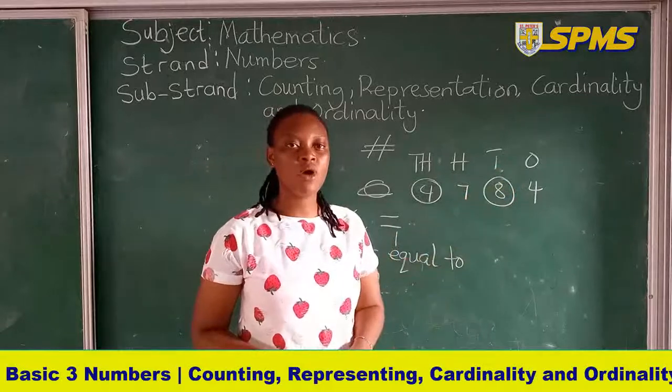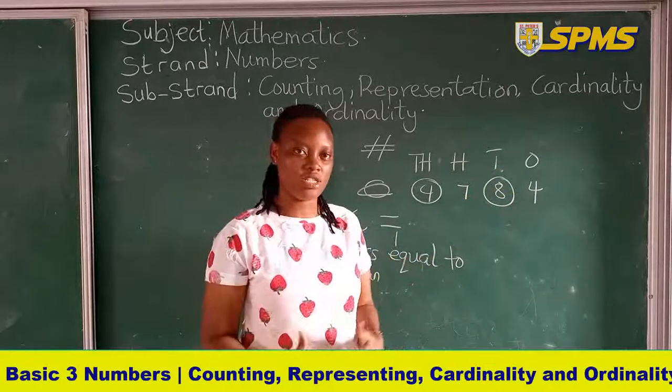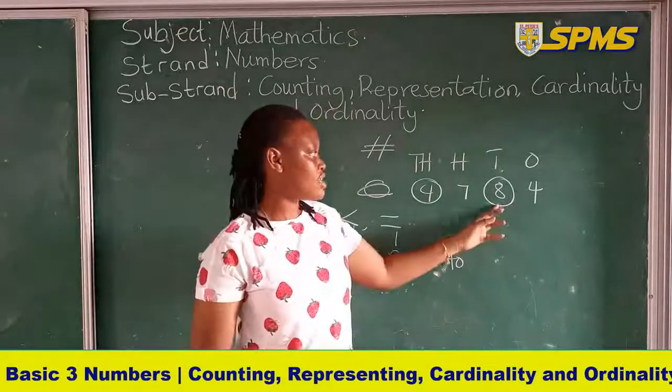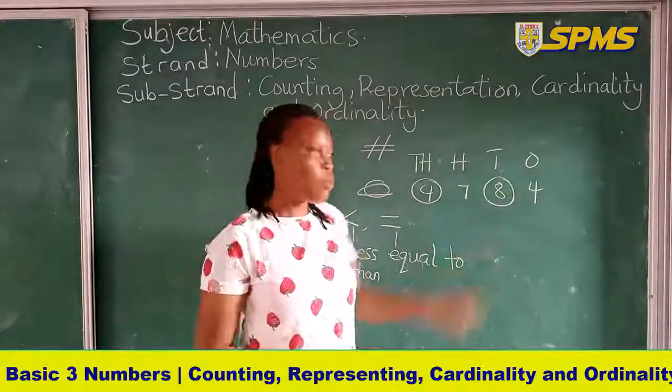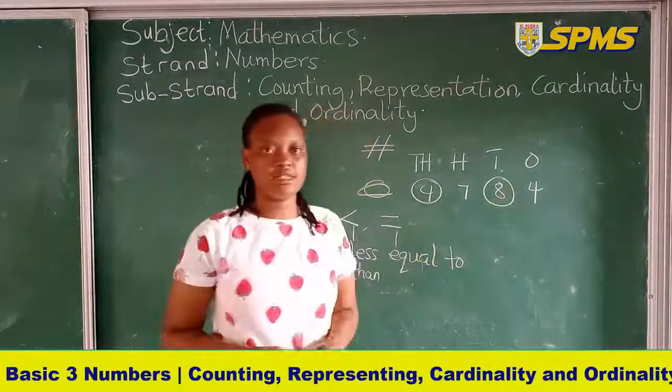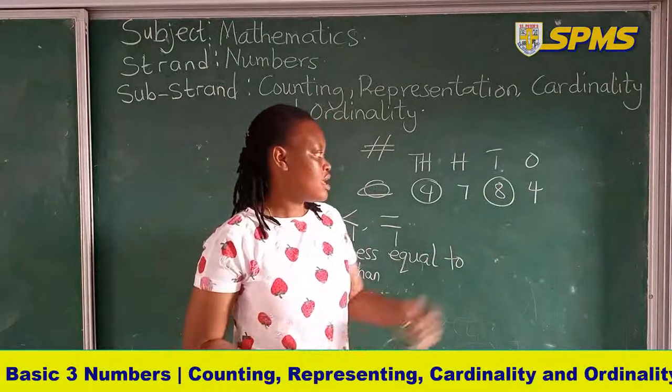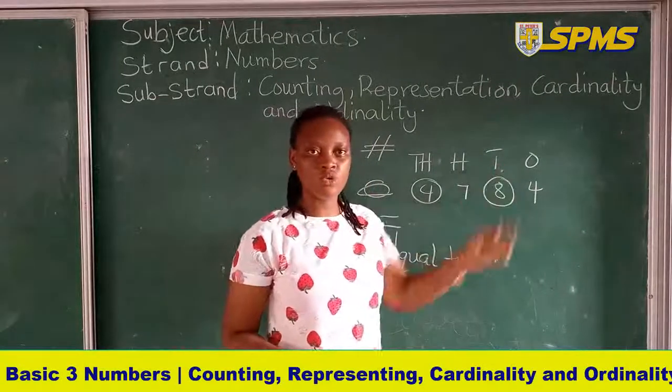Now, we spoke about value, how much, the worth of the digit. So, if 8 is under the tens, what is the worth of the 8? We said that 8 is under the tens column.